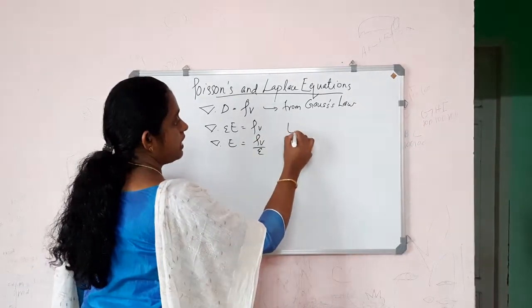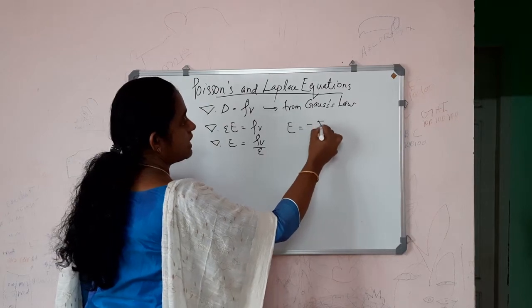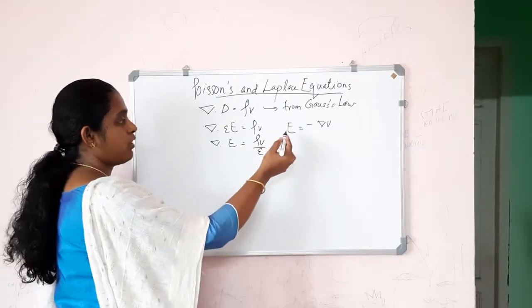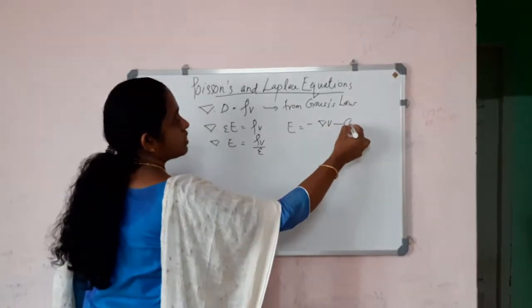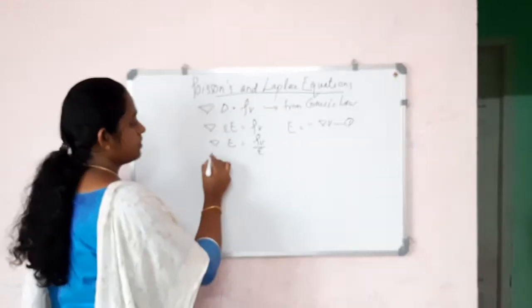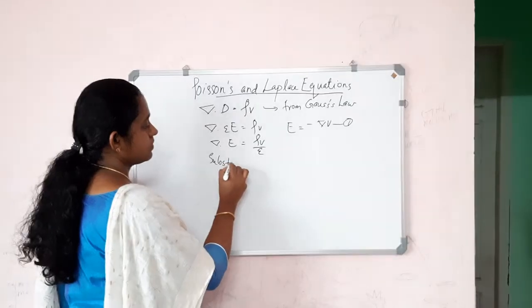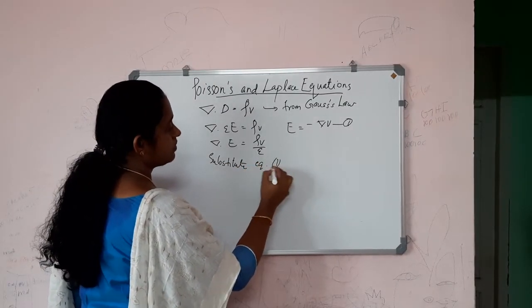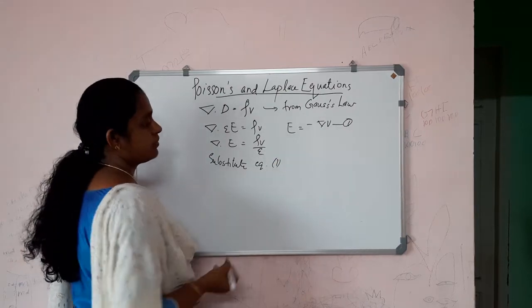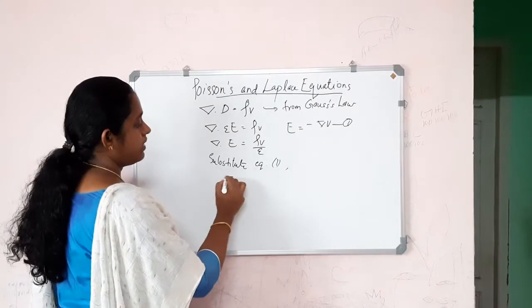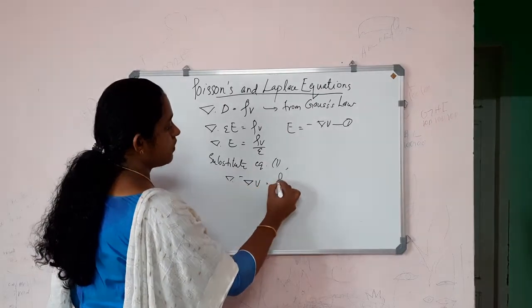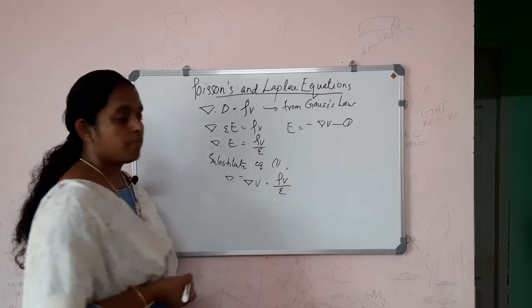In that again we can substitute E is equal to minus del V, that we already derived. Put this as equation number 1 and substitute equation 1 here. So what do you get? Del dot minus of del V becomes rho V by epsilon.